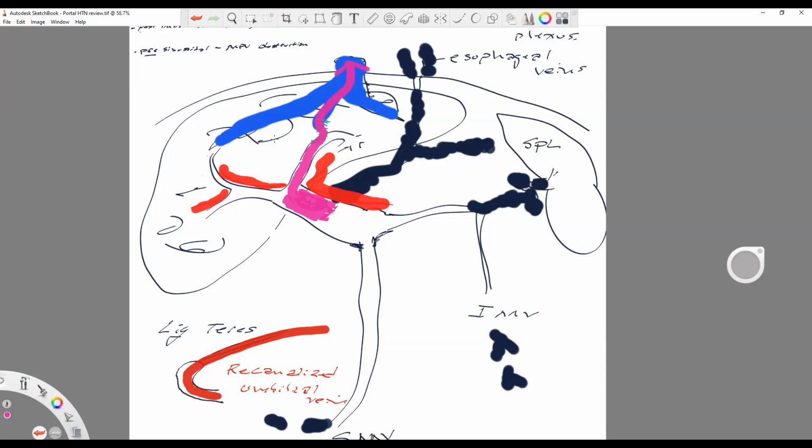Now, how does the liver work at that point? Well, remember, this hepatic artery is still feeding the liver. It's feeding the same exact cells as the portal vein does.